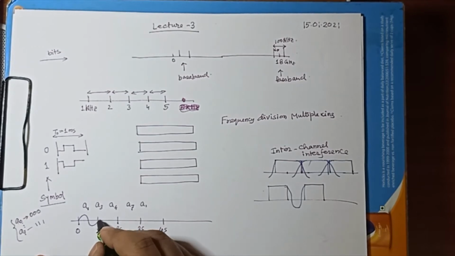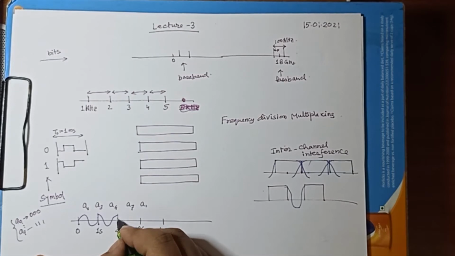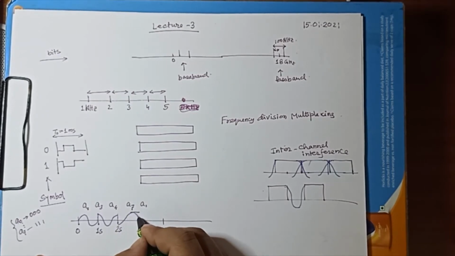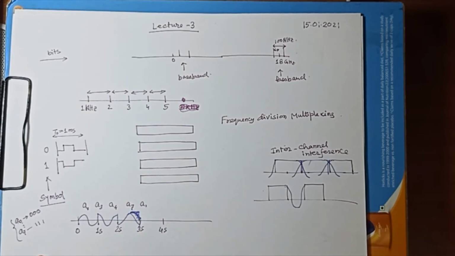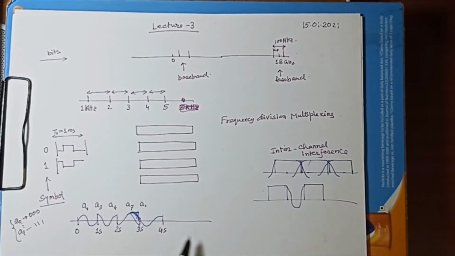A3 has a different phase like this. A4 has another phase like this. It should complete the full wave. Say A1 is something like that. So this kind of waveform you are fitting to send one of the symbols.